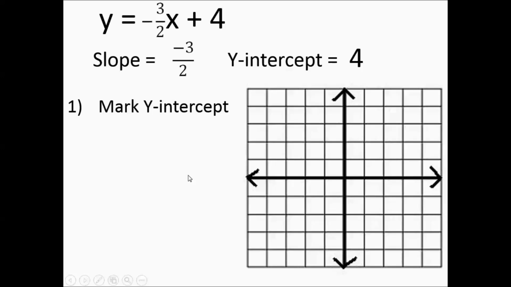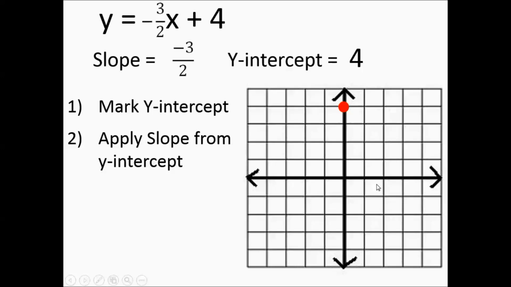So we mark our y-intercept, and we have a 4. And then from there, we're going to do the slope, and it's going to be down 3, right 2. Down 3, right 2, and then down 3, right 2. And there we go. Negative slope, negative coefficient.